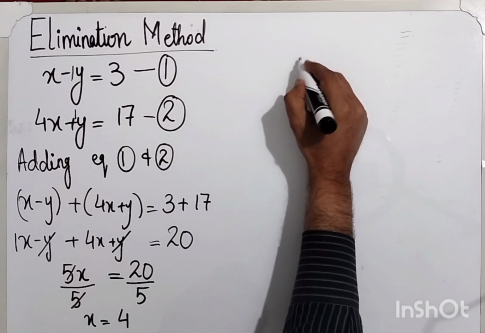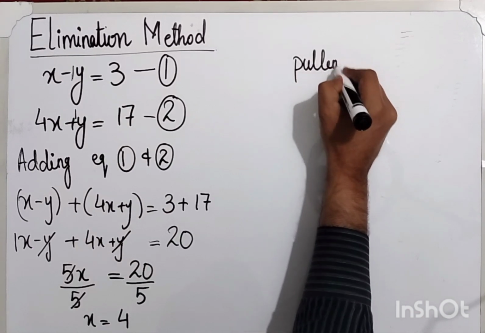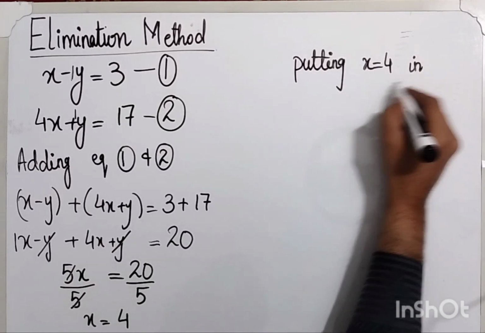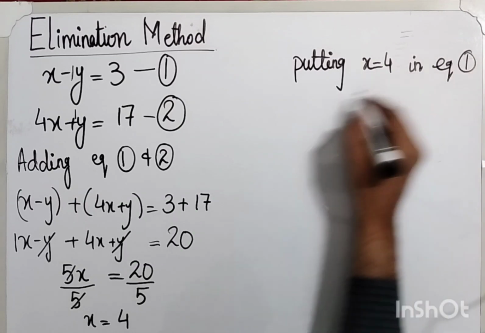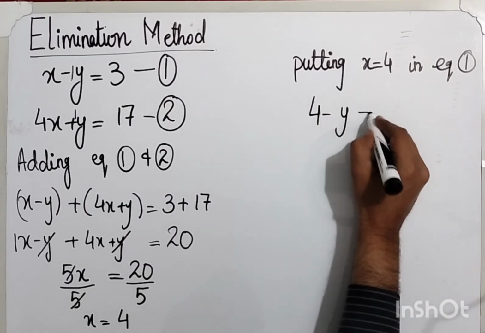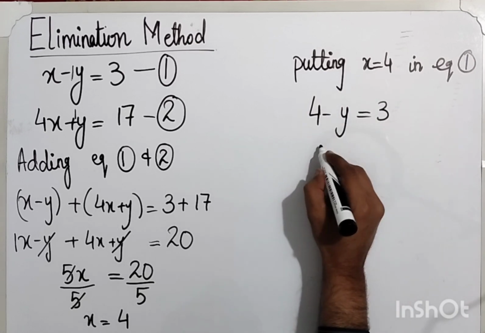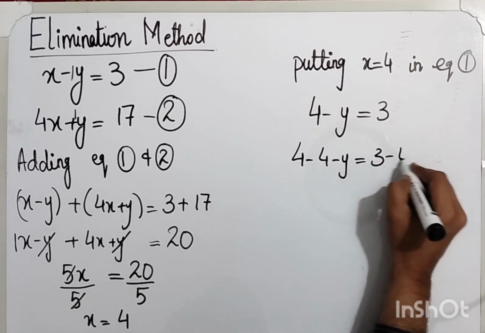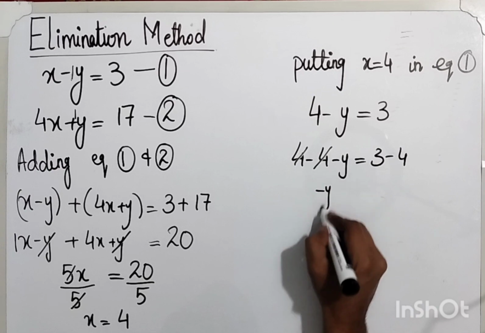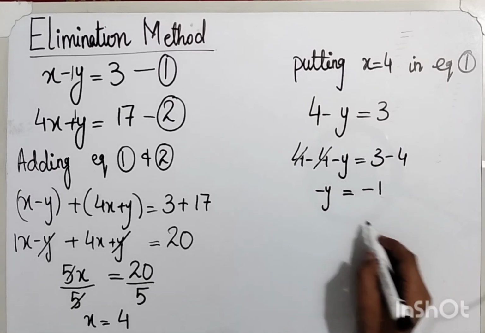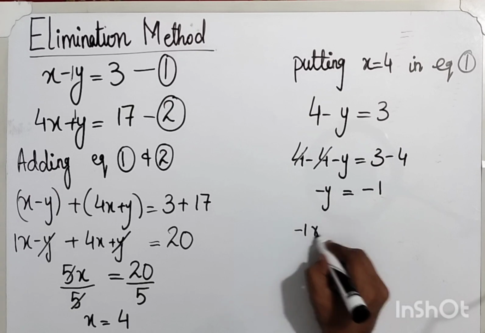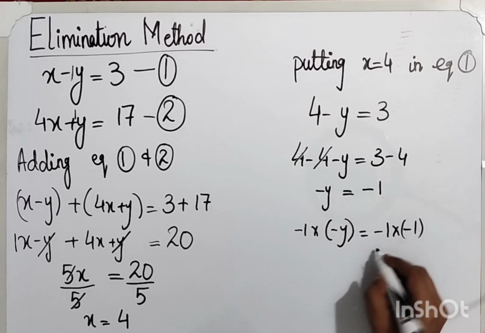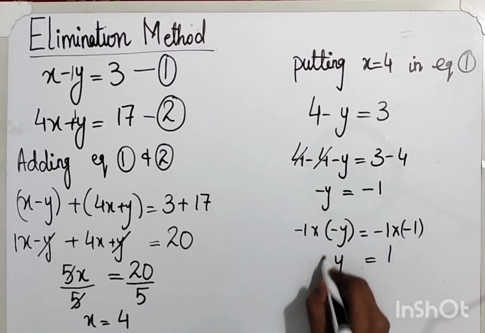So putting x equals 4 in equation number 1, we will get 4 minus y equals 3. 4 should be subtracted on both sides, so we will get negative y equals negative 1, and by multiplying by negative 1 on both sides, we will get the value of y as 1.